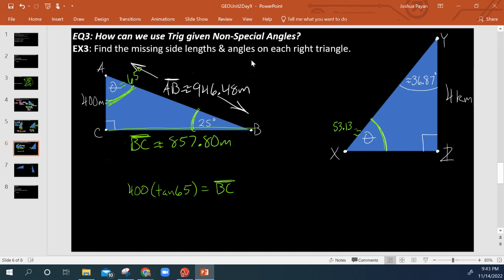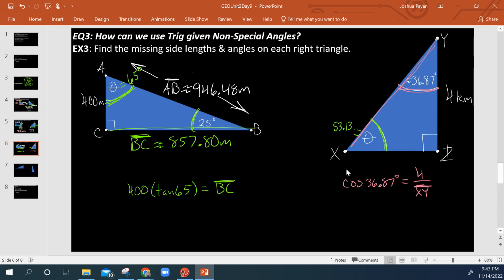Okay, so again, we're looking for the missing hypotenuse here. So let's go ahead and just use this angle here, the 36.87. I like that angle a little bit better. And we're going to use cosine of 36.87 degrees is equal to adjacent over our hypotenuse.